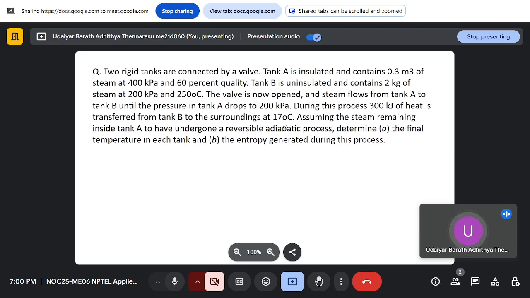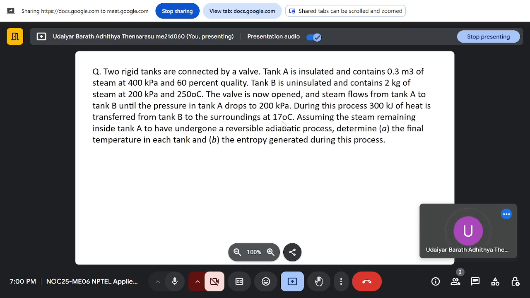Similarly we know the pressure and temperature, so we can estimate specific volume and then estimate the volume. The valve is now opened and steam flows from tank A to tank B until the pressure in tank A drops to 200 kilopascal. During this process, 300 kilojoule of heat is transferred from tank B to the surroundings at 17 degrees Celsius.